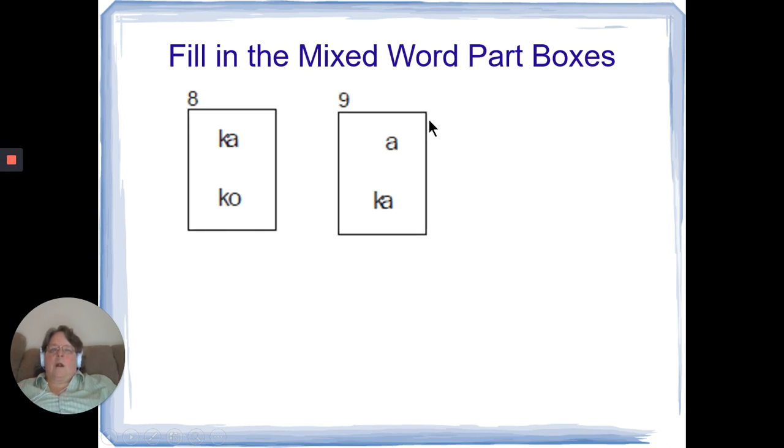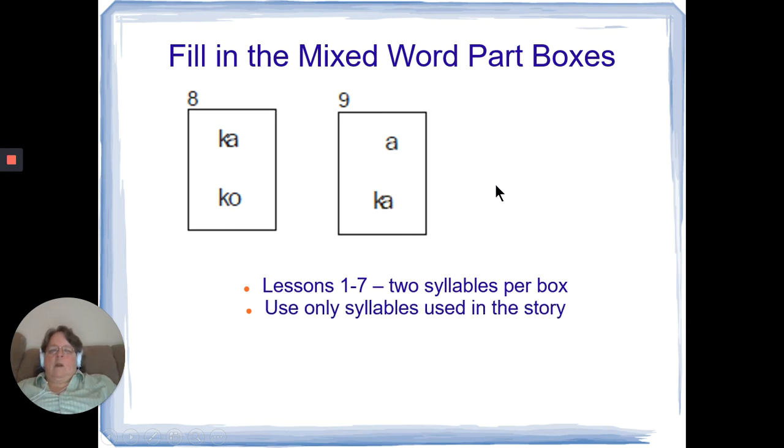Now, our mixed word part boxes, we would call them syllable boxes, but we found in many languages they don't have a word for syllable, so we call them word part boxes. And in lessons 1 to 7, we're going to have 2 syllables per box. And we're only going to use syllables that are found in the story.